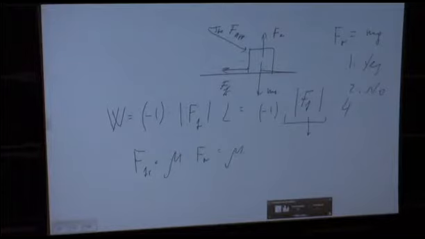Since I've heard both yes or no, now I want to see, would it be correct to say that the normal force is equal to mg, yes or no?